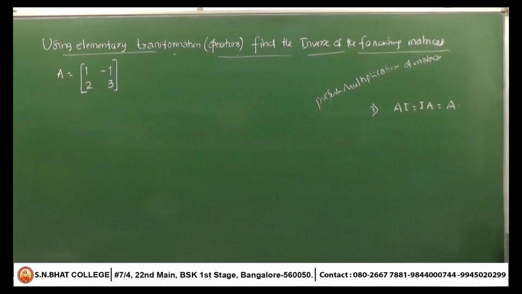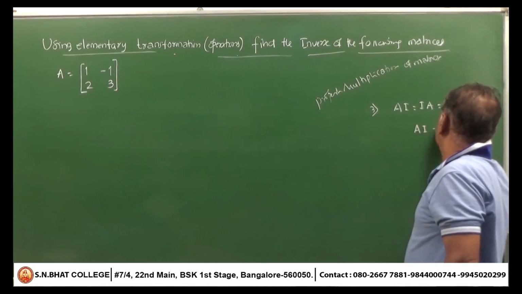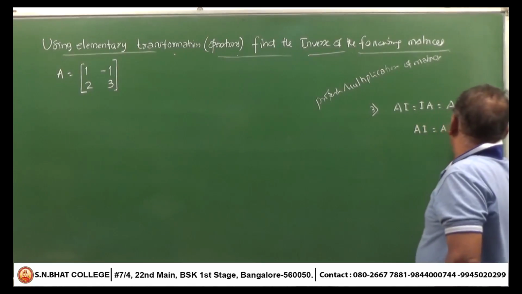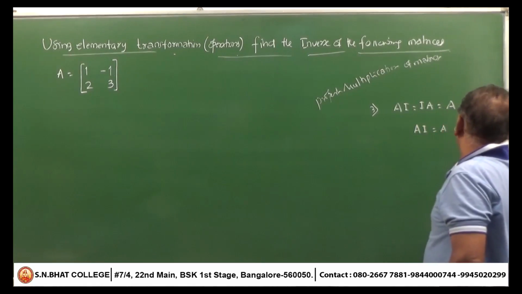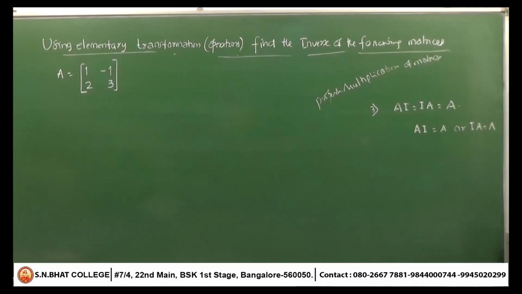That means either A into I is equal to A or I into A is equal to A. I am using this property while doing the problem to find the inverse.